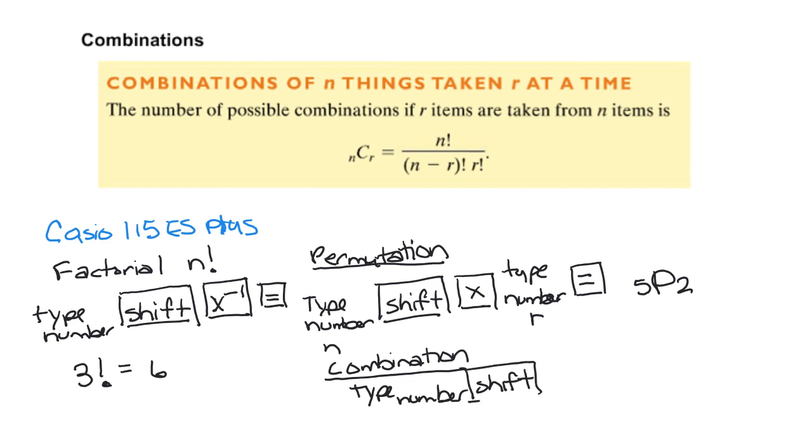Shift key. Division key. Type the number that represents R. Equal. And this time on your screen, it should look like something with 5C2.